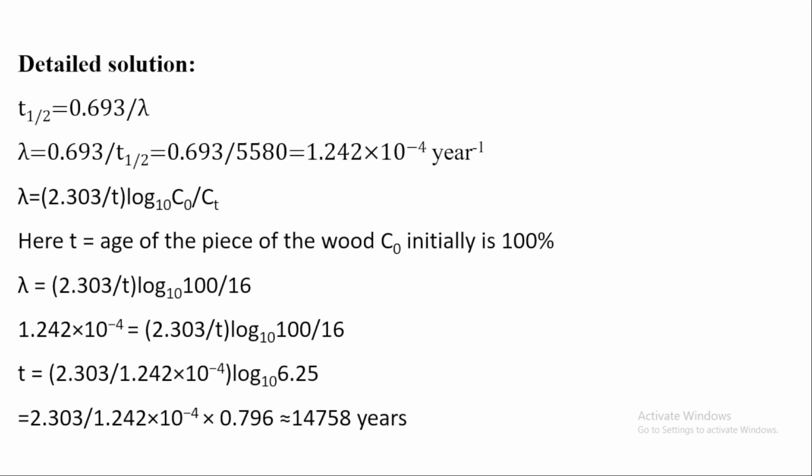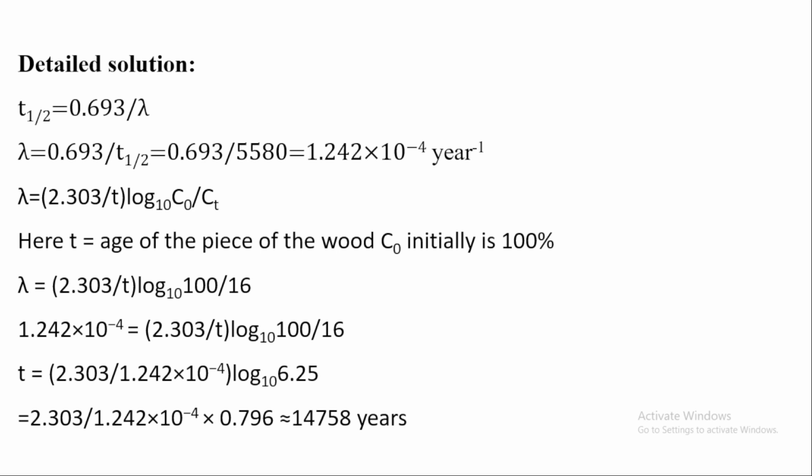Initial we have assumed to be 100%, because in the question they have said 16% of the initial. So if the initial is 100, then the final is 16. Since it's a ratio, you can assume the initial to be 100 and the ratio will be the same.